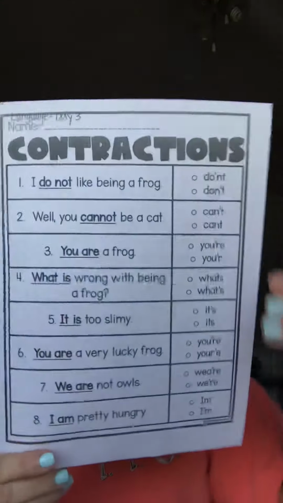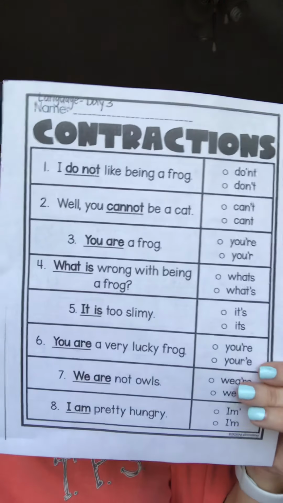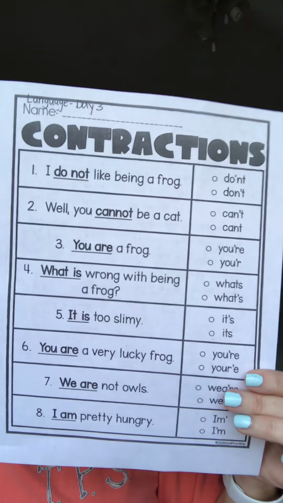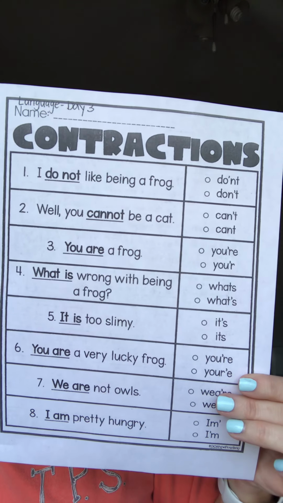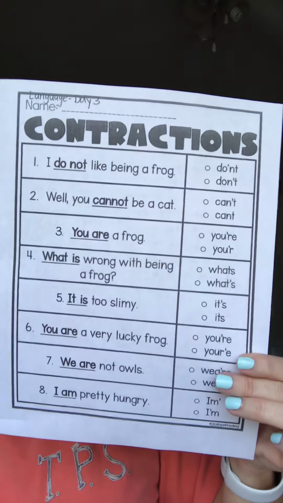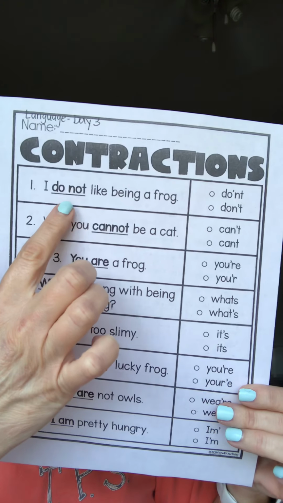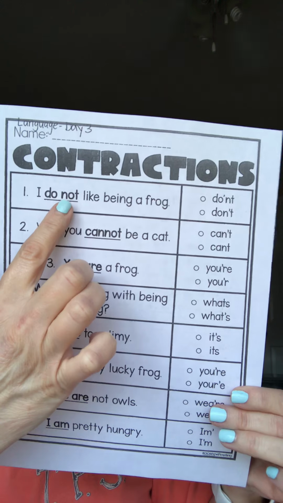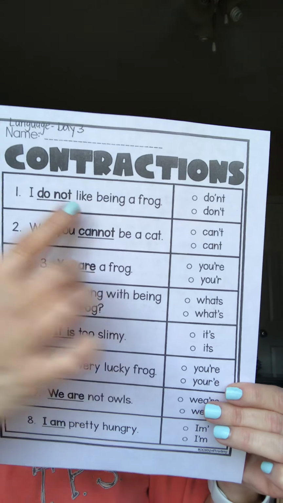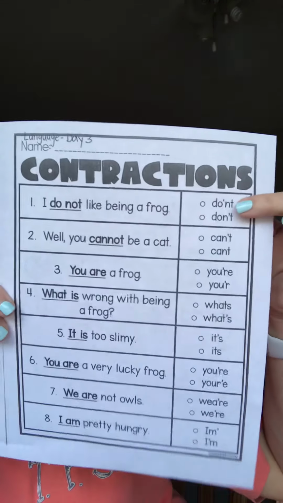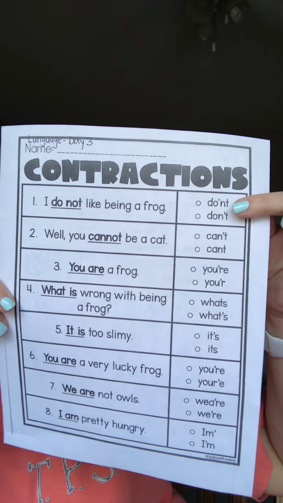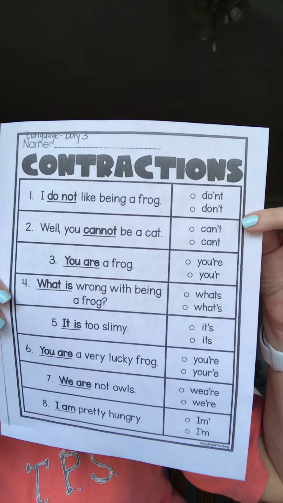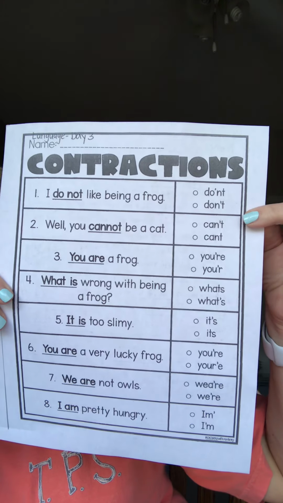All right, you're also going to be changing words into contractions this week. So look at sentence number 1. I do not like being a frog. The contraction that you're trying to find is for the underlined two words, do not. So you're going to look over here in the box and find the correctly written contraction, and bubble in the little circle beside that word.